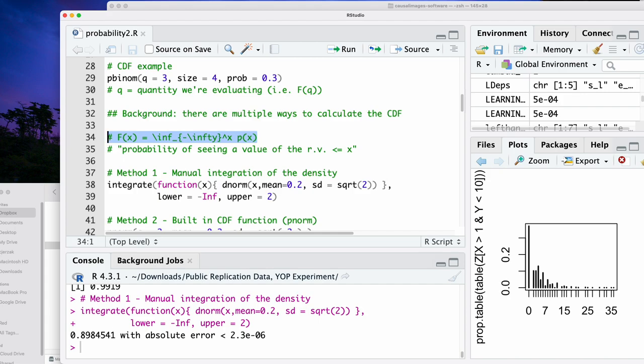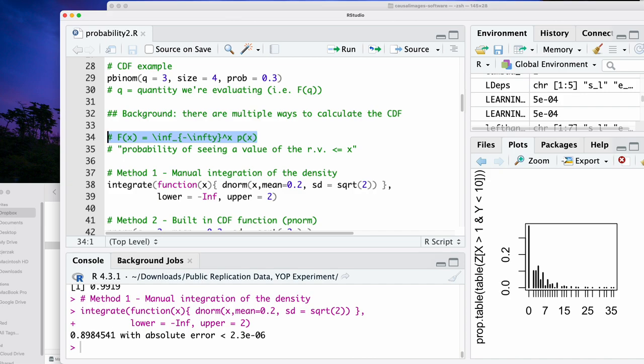But remember, in maybe math camp, we talked about how, in the context of continuous random variables, we can't just sum things up because there are these infinities that we have to deal with. There are infinitely many values from here to here because this is a distribution defined over the real line.